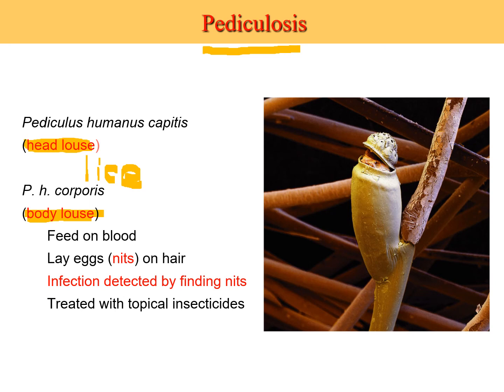Head lice and body lice typically can be detected by finding what are called nits. Nits are these egg cases that the lice, these small insects, attach to the shaft of a hair.